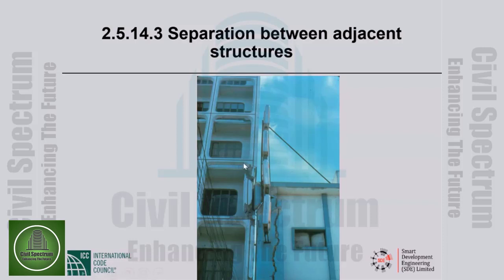This is a building, and this is an adjacent building. The floors are obviously not aligned. The floor is here, the floor is here, with the result that the heavy floor is hammering against the column of the neighboring building. That is a very bad situation. In this case, there is very major damage. I don't know if you see it to the shorter building.